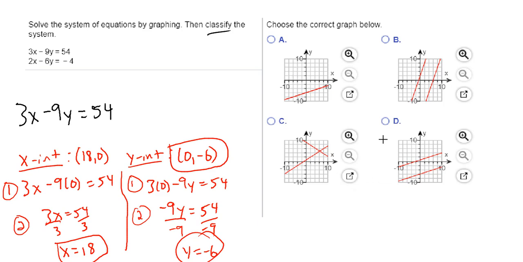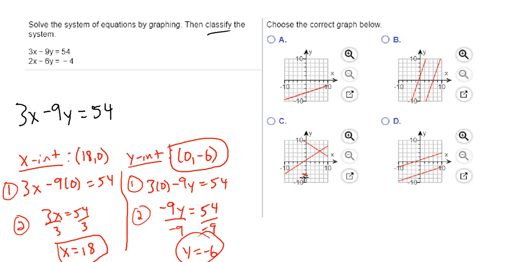So looking through our choices here, any choice over here that does not have at least one line with the point 0, negative 6 on it can be eliminated. So for example, C, right? 0, negative 6 would be right here.